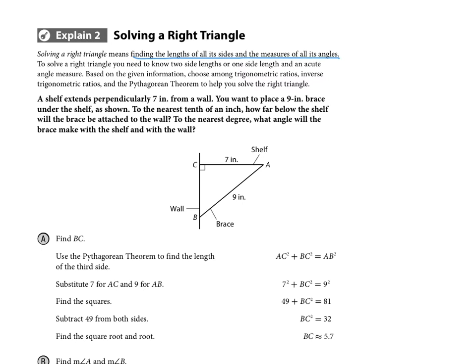So to the nearest degree, we want to know what the angle is that the brace is going to make with the shelf, and we also want to know how long is this BC.